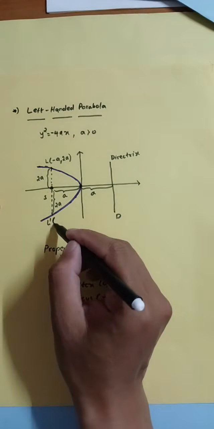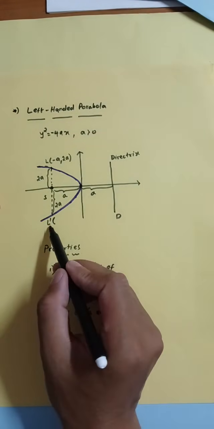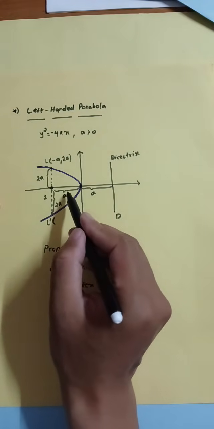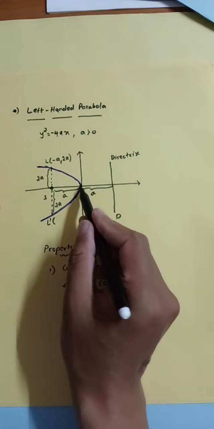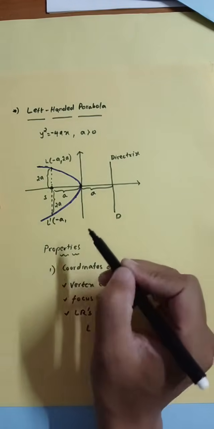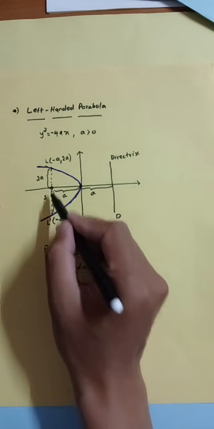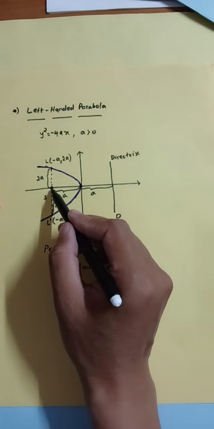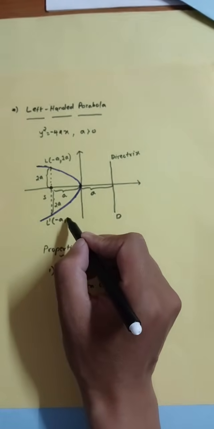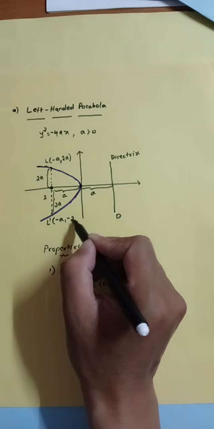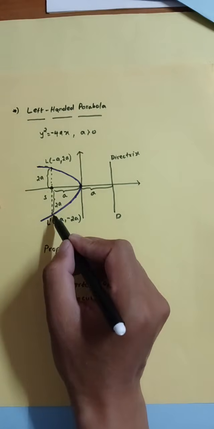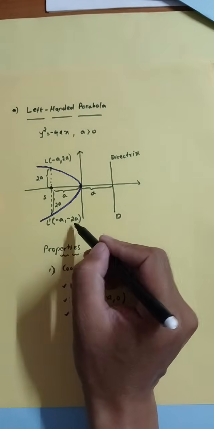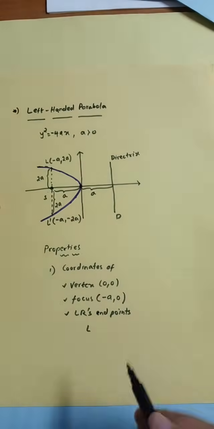Similarly for L dash, the distance covered horizontally is a. Since it is towards the left side of the origin, you will get negative a. The vertical distance is 2a, but since this is below the x-axis, you'll have a negative sign for your y coordinate.